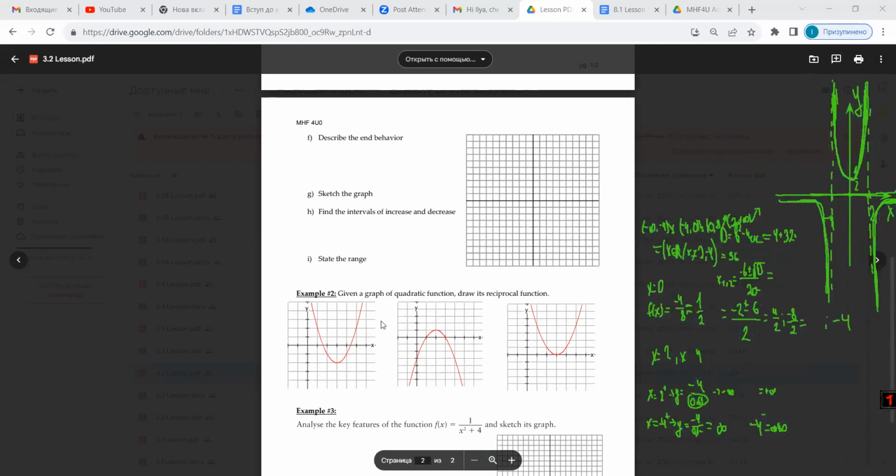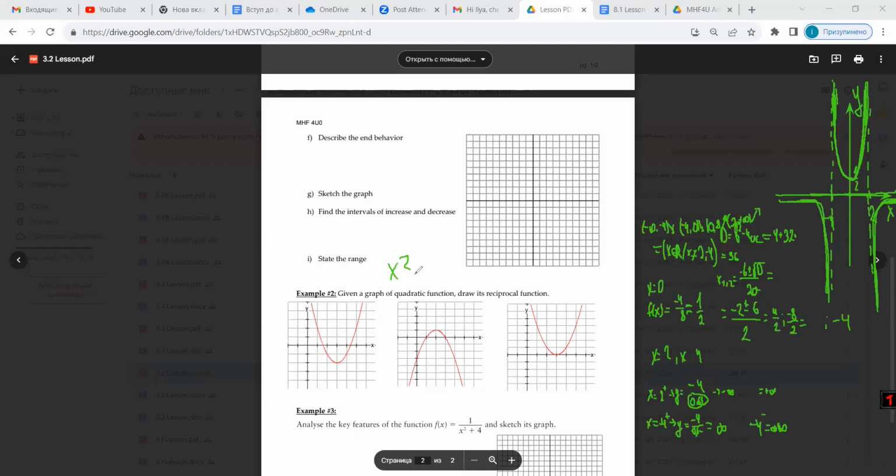Okay. And now it's your time to do a little work. Example 2. Given the graph of a quadratic function, draw its reciprocal function, exactly the same way we did. So for example, here you have a quadratic function. First of all, you have to find what it looks like.